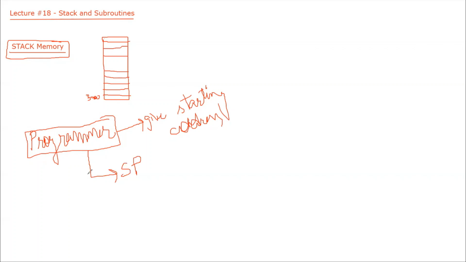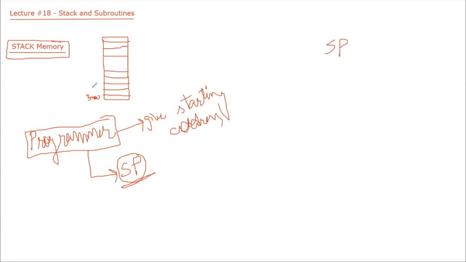The first thing that we have to do is to initialize a stack pointer. Whenever a programmer is in need of a stack, the first thing he is going to do is to initialize the stack pointer. Initializing the stack pointer means that it will inform the processor from which location I am using your memory as a stack.